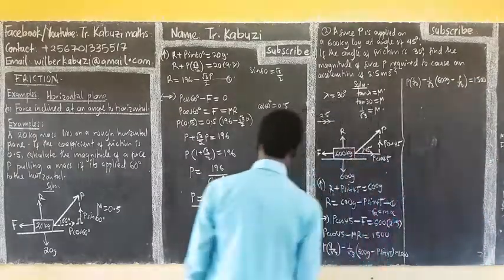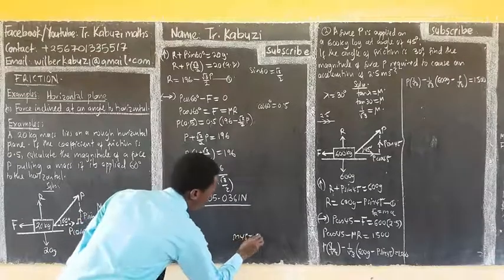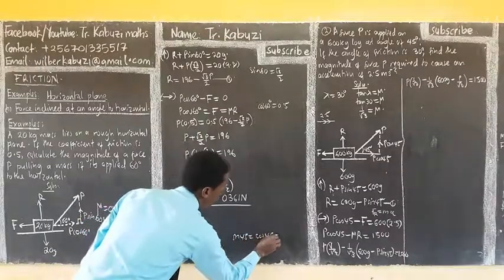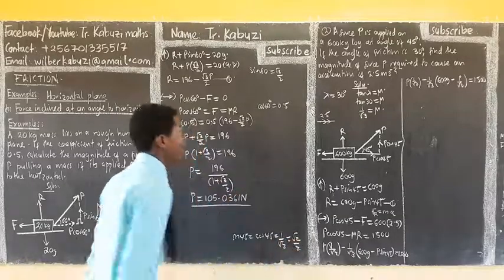So there we are seeing that sine 45 is the same as cos 45, all of them equal to 1 over root 2, which would be root 2 over 2 if we rationalize.